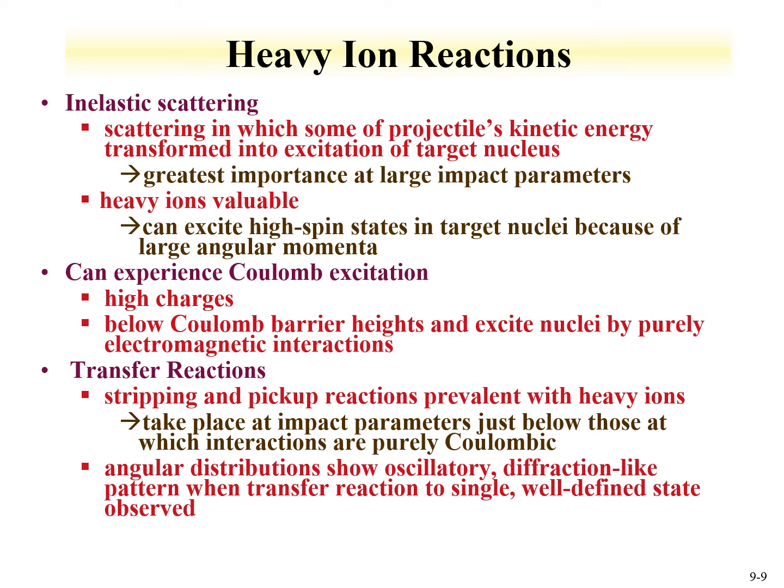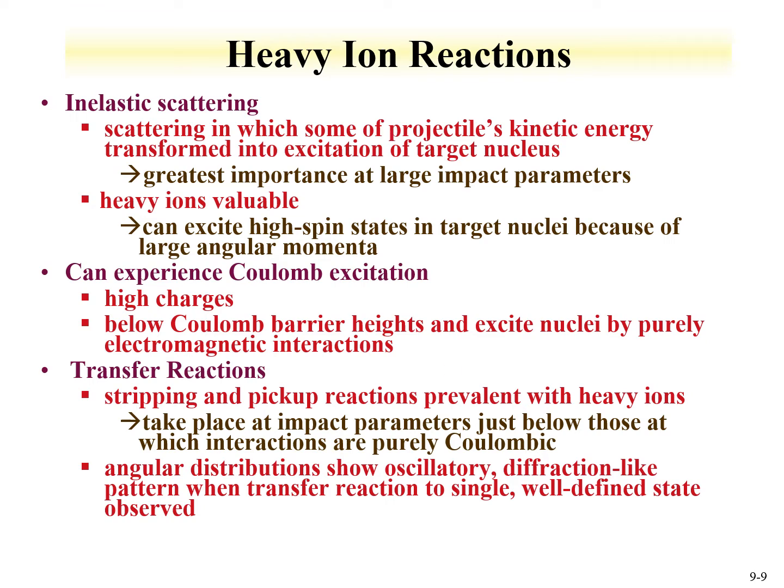You can also have transfer reactions, where part of the projectile is taken up by the target. If you have, think again, oxygen-18, you can perhaps just strip or pick up a few neutrons from the projectile to the target.